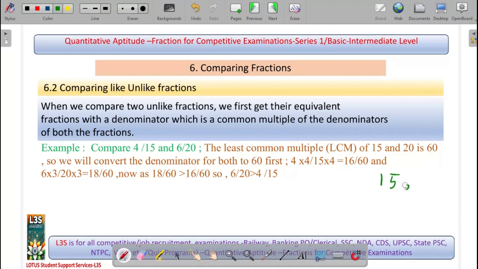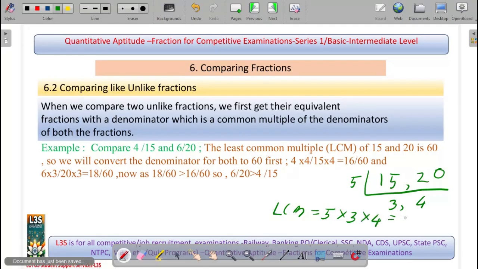Take 15 and 20. 5 is a common factor here. 5 threes are 15, 5 fours are 20. So the LCM is 5 into 3 into 4. If we multiply, we get 60. So this is the LCM of the denominators 15 and 20.